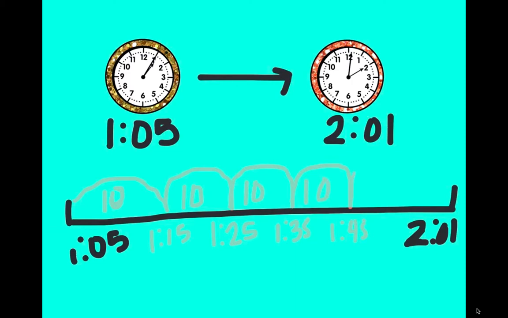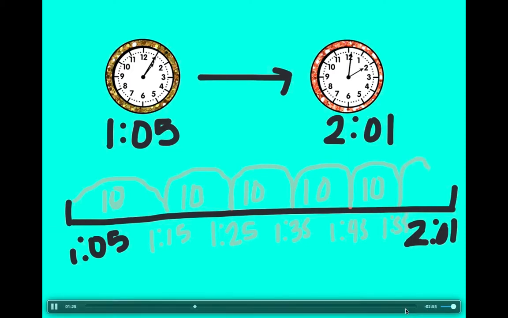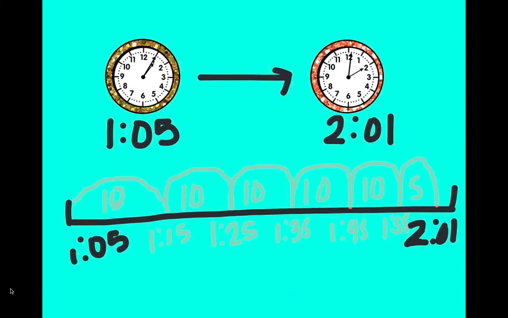From 1:45 to 1:55 is 10 minutes. From 1:55 to 2 is 5 minutes. And from 2 to 2:01 is 1 minute. Now, my jumps aren't perfect, but that's how I can do it.